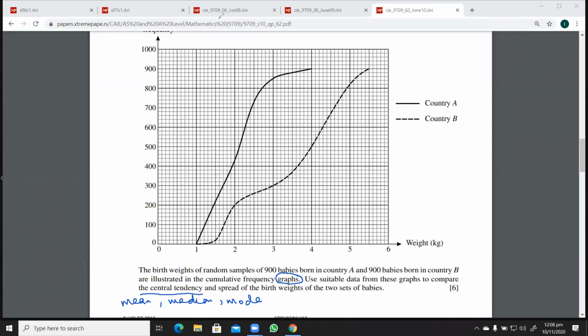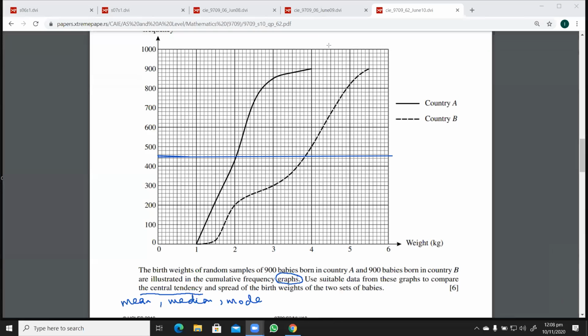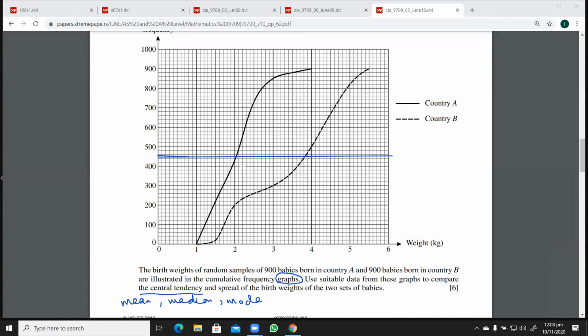Okay. So let me draw a line at 450 here. Oh, no, this is not 450. I've drawn a line at 450 over here. This line should be dotted, but my software does not allow me to draw a dotted line, so that is why I'm drawing these solid lines.